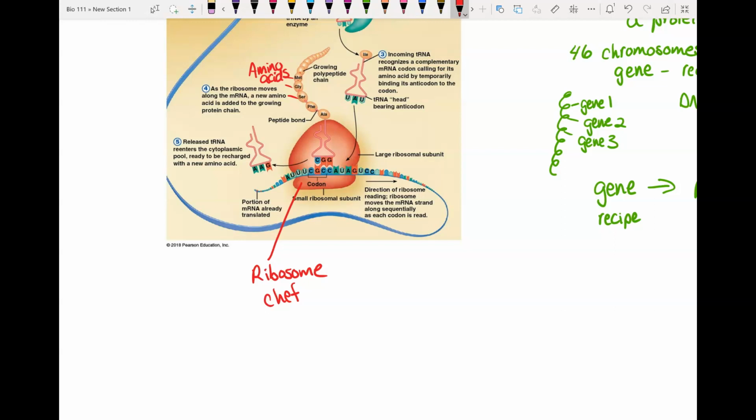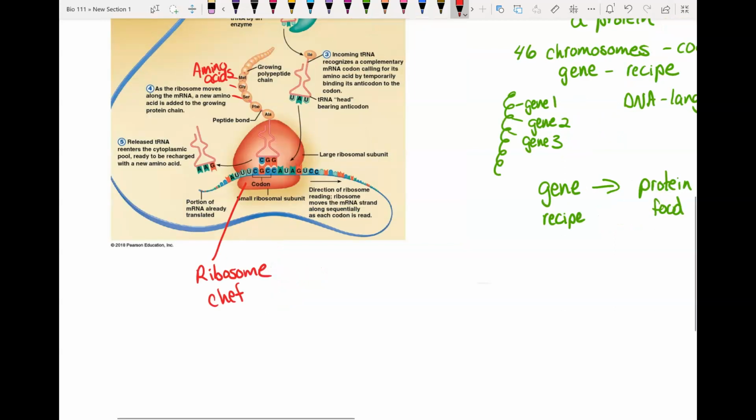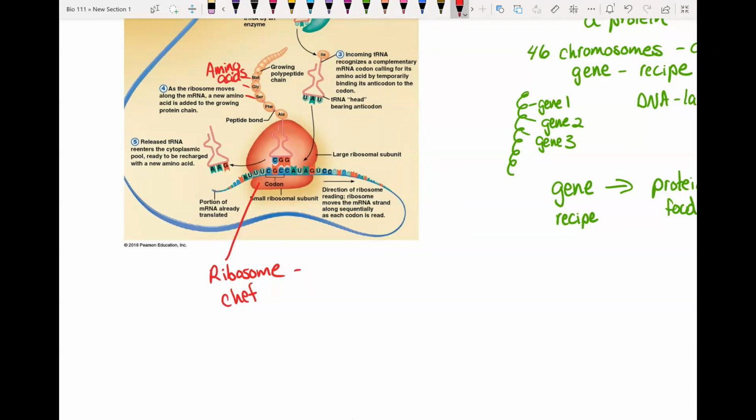And there are 20 different amino acids. So the ribosome is the chef. The ribosome assembles the amino acids together into a chain. So amino acids, think of those like the ingredients, right? Like flour, butter, sugar, salt, things like that. Those are the amino acids. They're the ingredients of the protein.